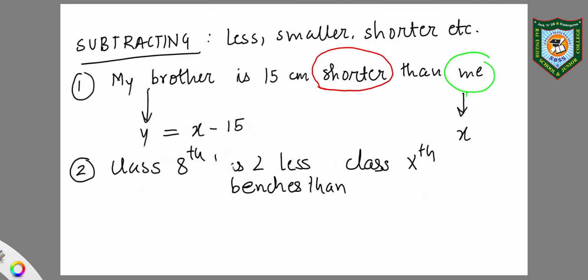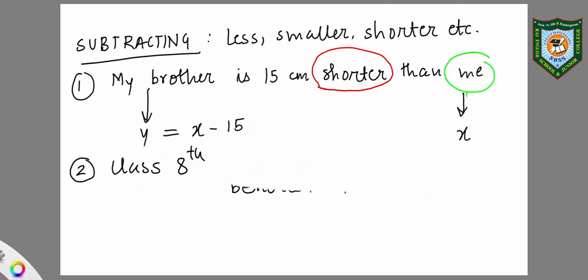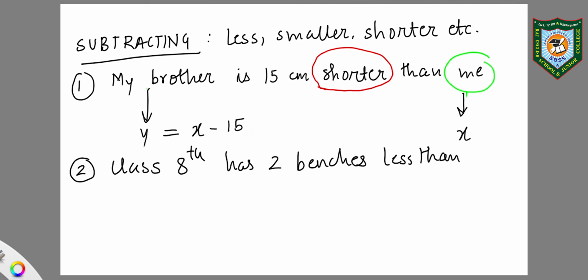So I'll write this statement once again in order to be clear. My statement says that class 8 has two less benches, or rather two benches less, than class 10th.